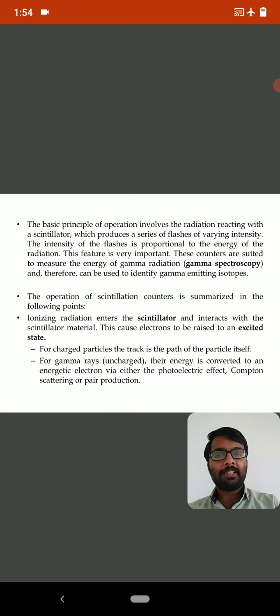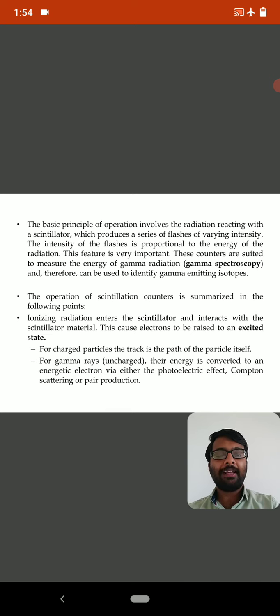If the incident radiations are charged particles, then for such charged particles the track is the path of the particle itself. Suppose uncharged particles such as gamma rays enter into this scintillator. For gamma rays, their energy is converted to an energetic electron via either the photoelectric effect, the Compton effect or Compton scattering, and the pair production process.